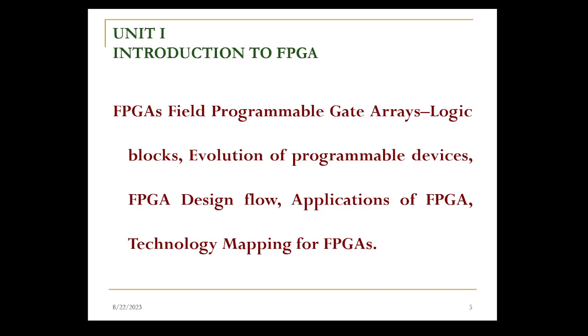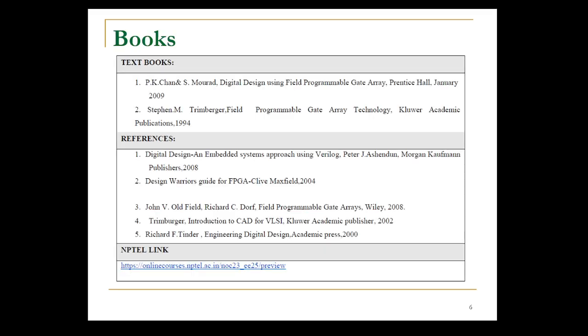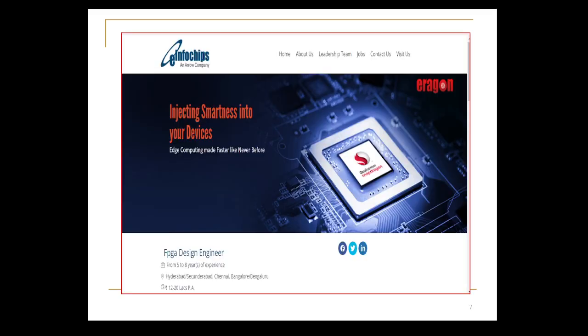In the first syllabus unit we have FPGA gate arrays, logic blocks, evolution of programmable devices, FPGA design flow, and applications of FPGA. The last topic is technology mapping for FPGAs. The prescribed textbook is by P.K. Chan and S. Mourad, Stephen M. Trimberger.